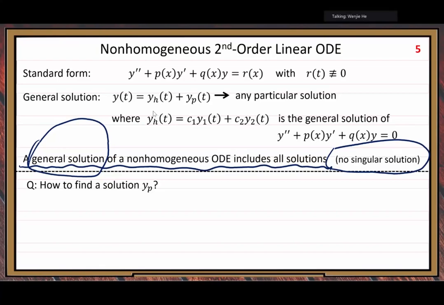Let me give you one simple example. You can see the idea. That equation we learned before is called the logistic equation. Remember the logistic equation?